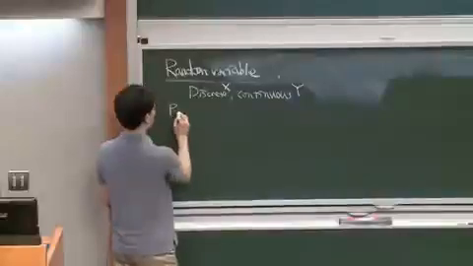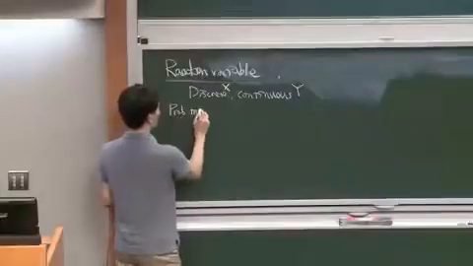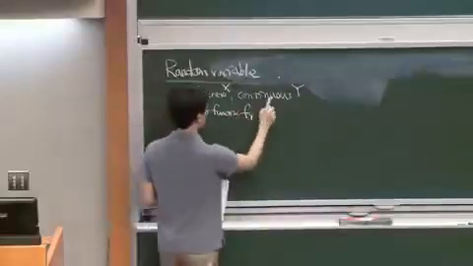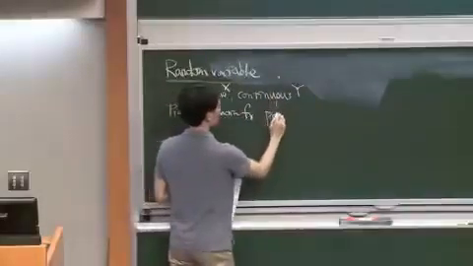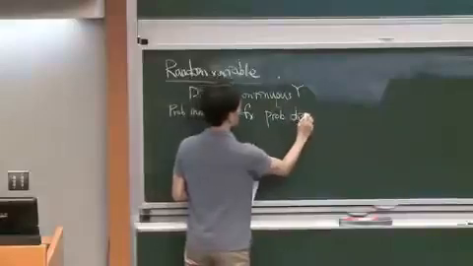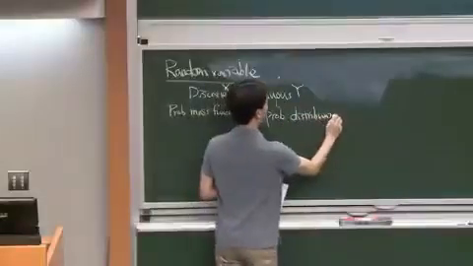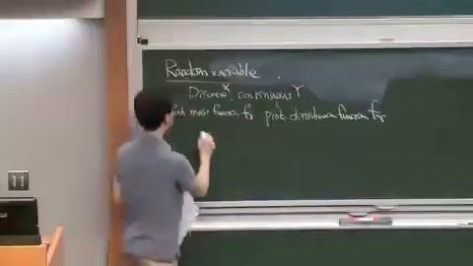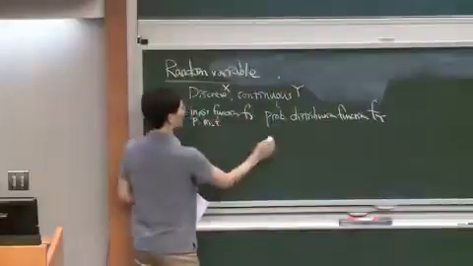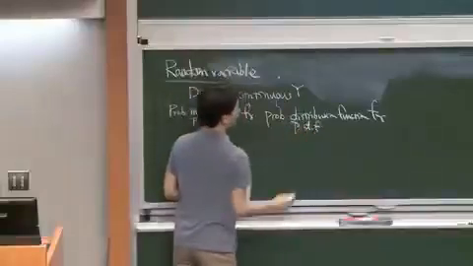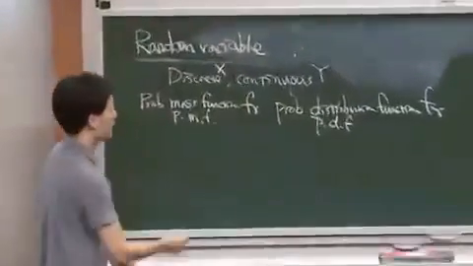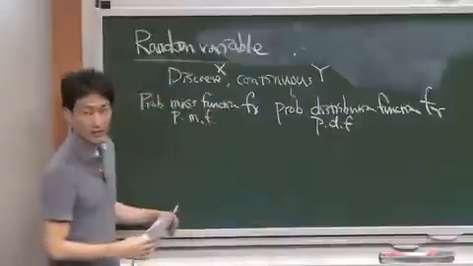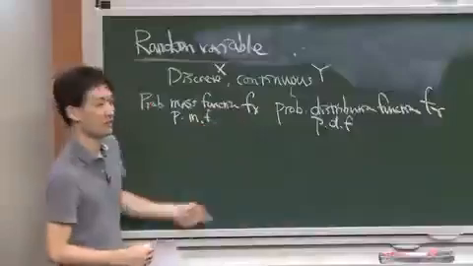Discrete random variable is given by its probability mass function, f sub x, I will denote. And continuous is given by probability distribution function. I will denote by f sub y. So PMF and PDF. I mean, here I just use a subscript because I wanted to distinguish f sub x and f sub y. But when it's clear which random variable we're talking about, I'll just say f.